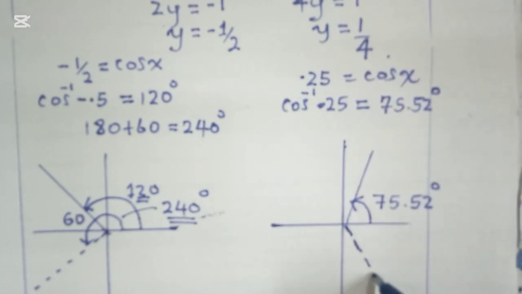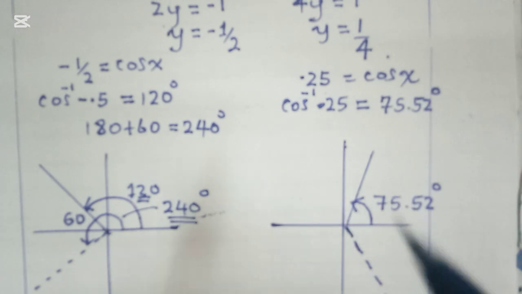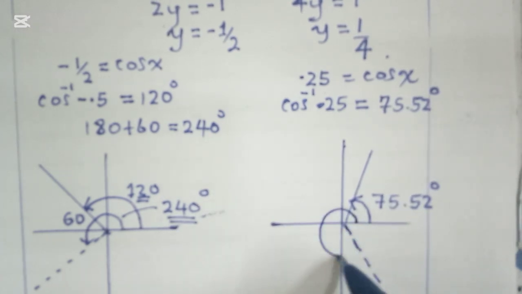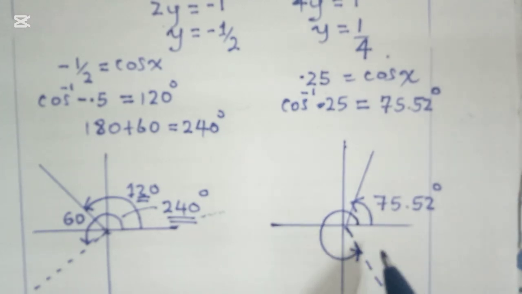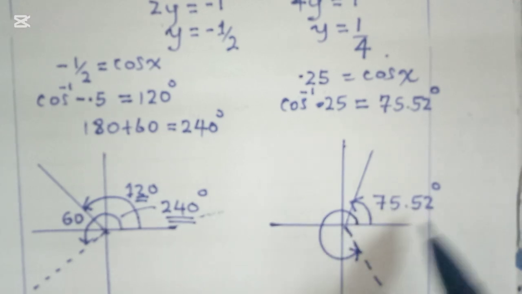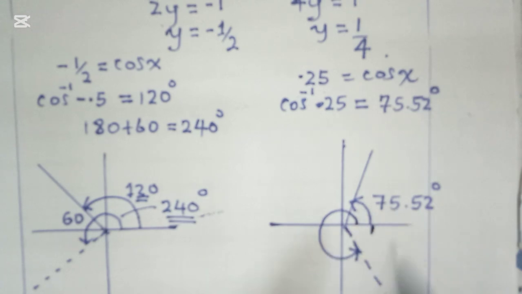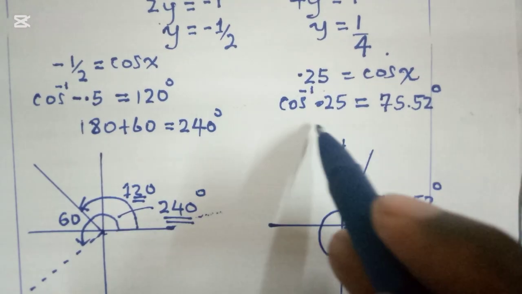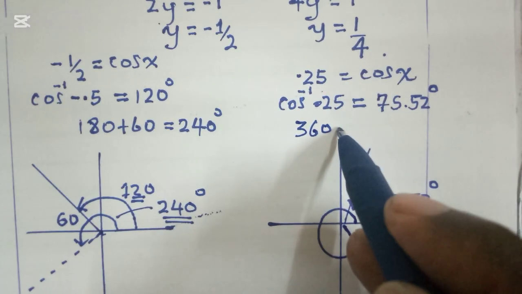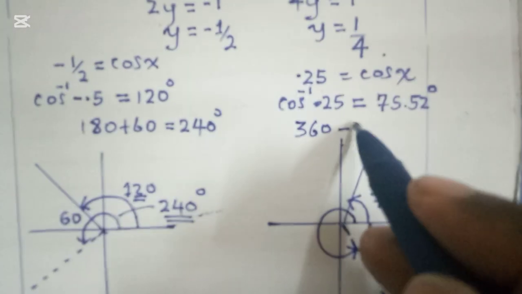From here, we go all out to this point, and that value is going to be 360 minus 75.52, because 75.52 can still come on this side, negative.